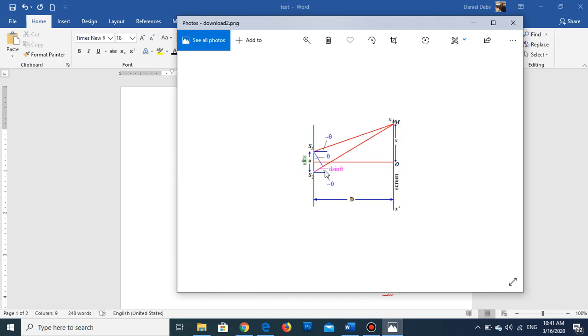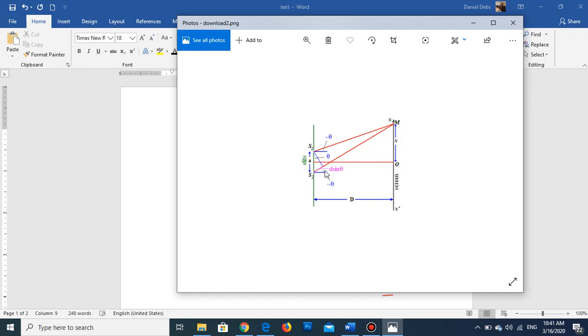It is equal to SS2 plus S2M, which is the total distance covered by the lower ray, SS2 and then from S2 to M, minus SS1 plus S1M, the distance covered from S to S1, then from S1 to M. Please remember that we always start with SS2, not with SS1.